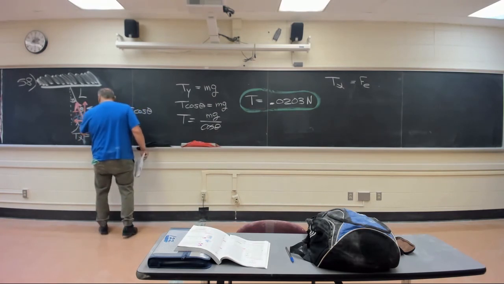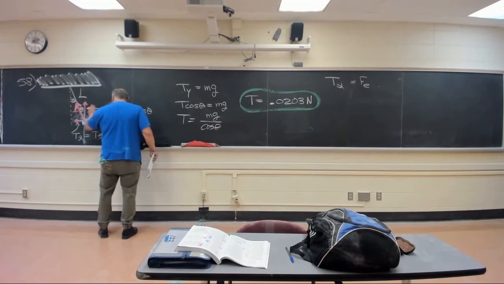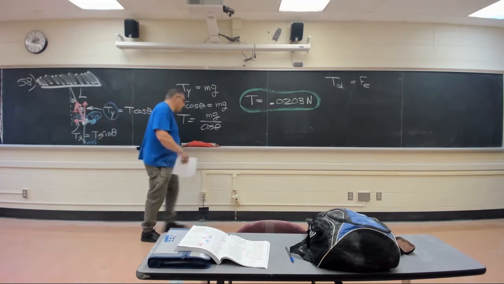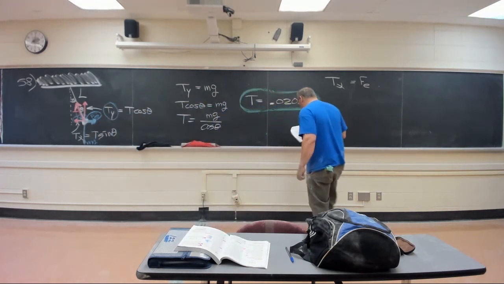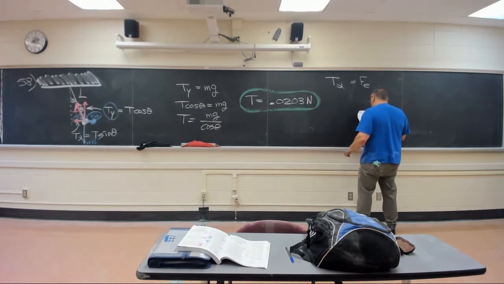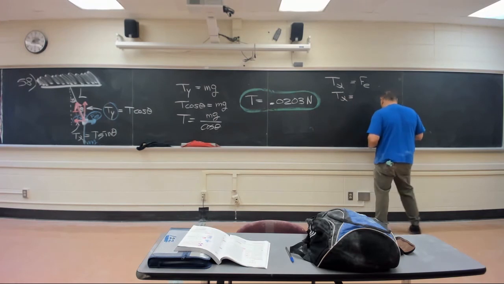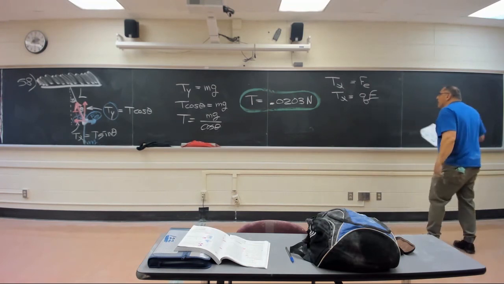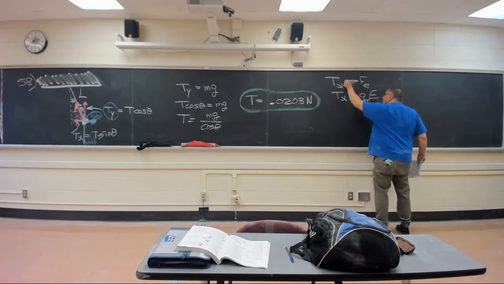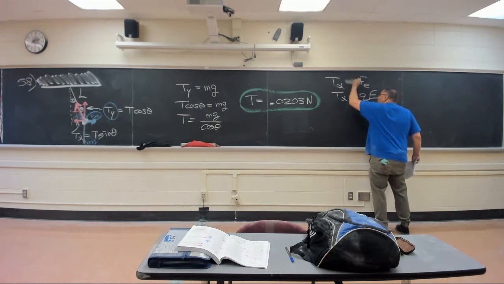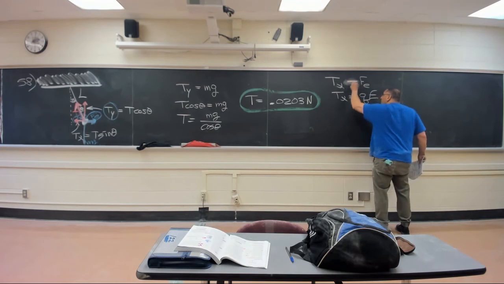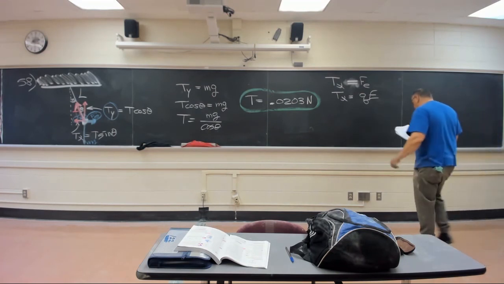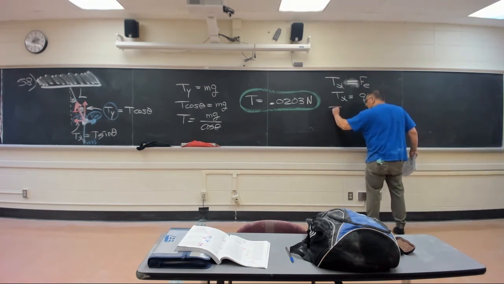So Tx and Fe are equal and opposite to each other, just like Ty and mg down here. So Tx equals QE. Tx is T sine theta.